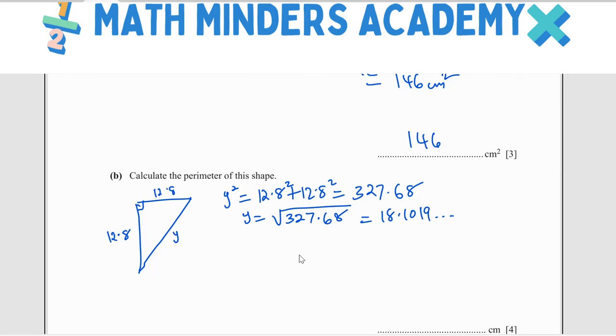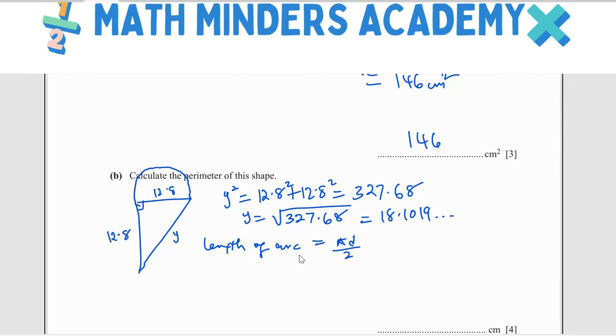So let's take the curved part, the length of the arc. We know that the curved part is a semicircle. So the length of that is the circumference of the semicircle, which is pi d all over 2, half of the circumference.